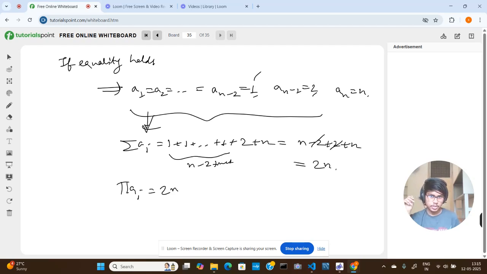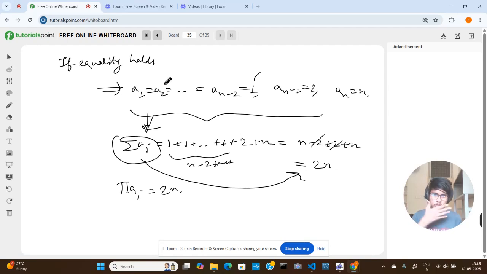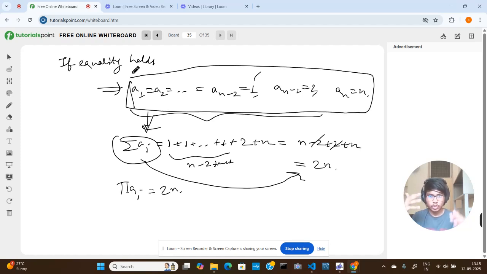So the product of them is also 2n. So the sum is equal to the product, and equality also holds because summation ai is equal to 2n. So we showed that if equality holds, then we must have a1 equal to a2 equal to so on up to an minus 2 equal to 1, an minus 1 equal to 2 and an equal to n. And we also checked that equality holds for this.